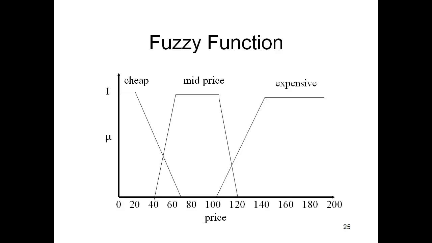I want a hotel that is cheap and mid-price, right? Doesn't really make sense. We would say somewhere in between or something, but we'll have examples later. We can also, of course, look for cheap hotels that have a good service. Good service would also be a fuzzy function, and we want then the intersection. Now what could be the intersection?